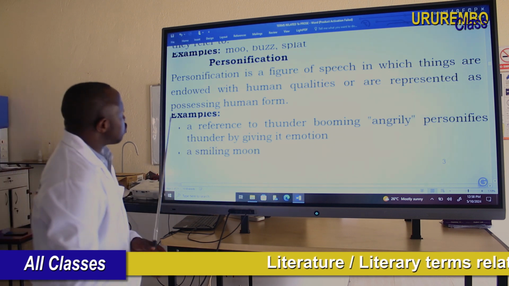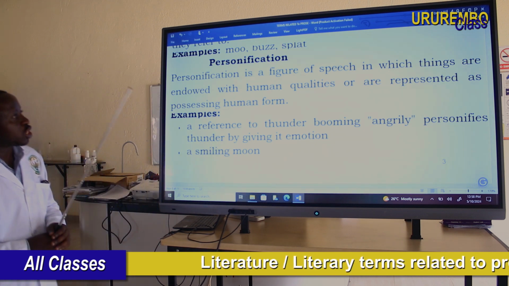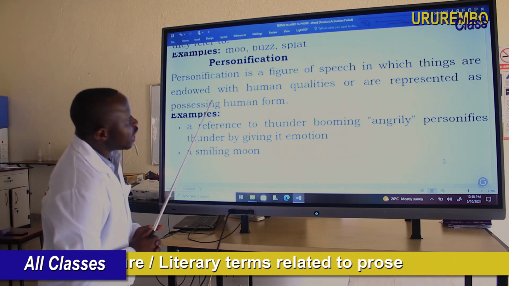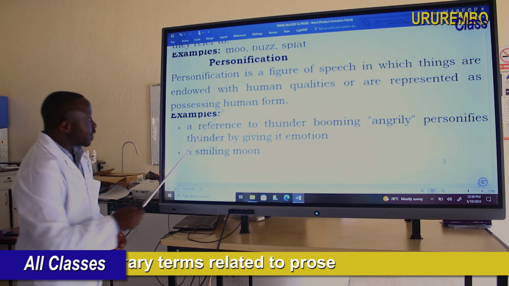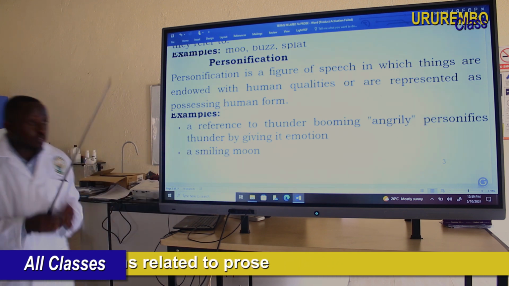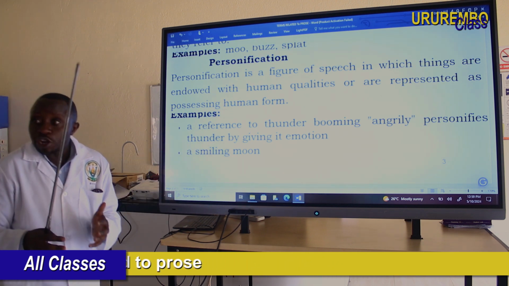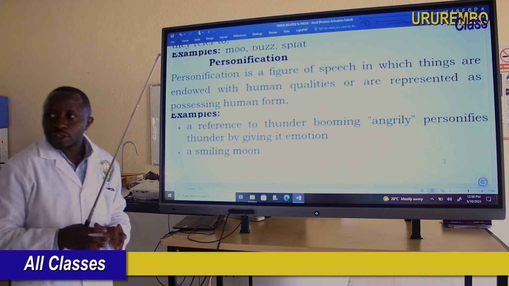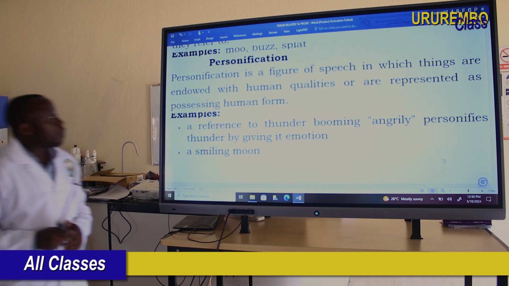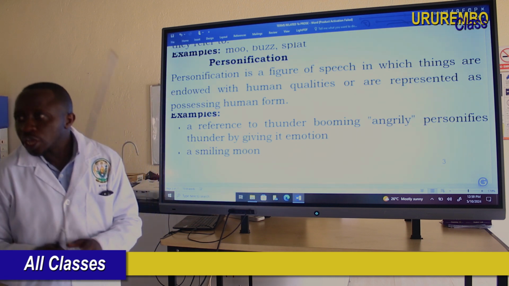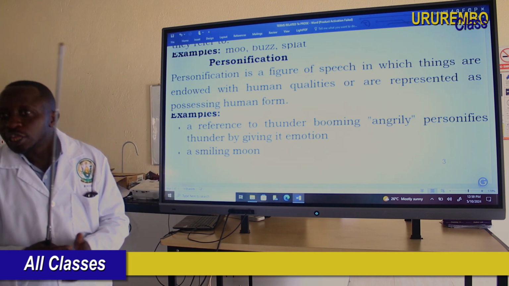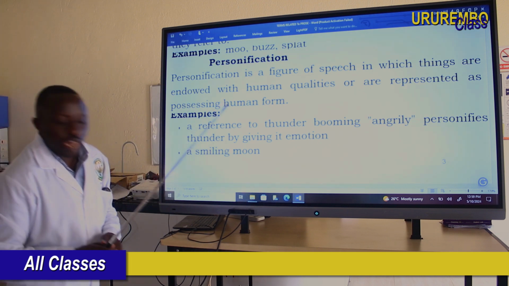Now we have the other term called personification. Personification is a figure of speech in which things are endowed with human qualities and are represented as possessing human form. Personification is giving qualities of human beings to non-human beings, whereby an animal can speak, can farm, can do things like a human being does.